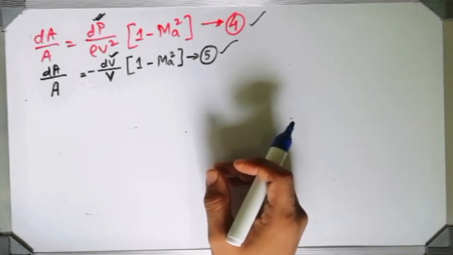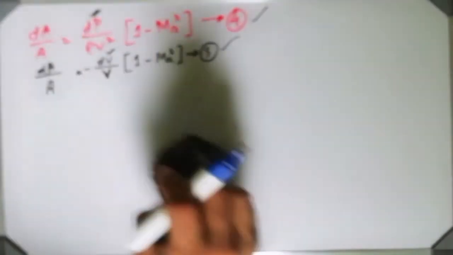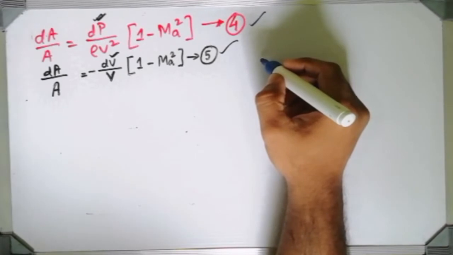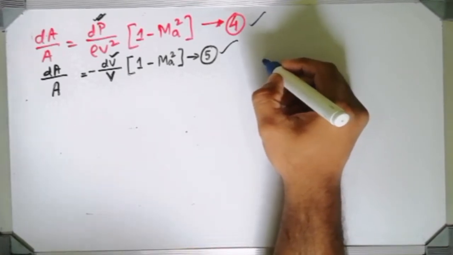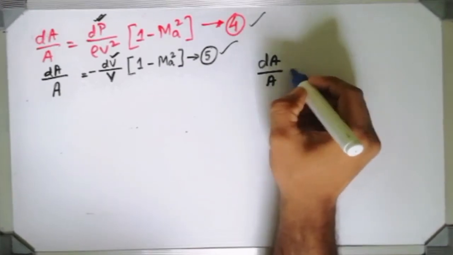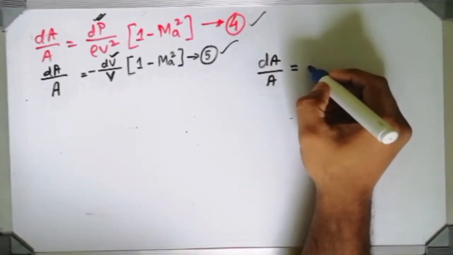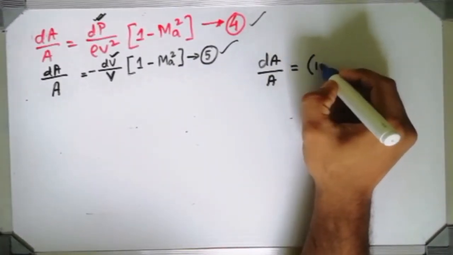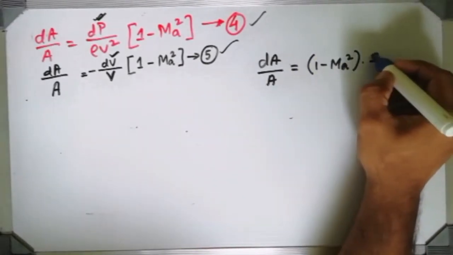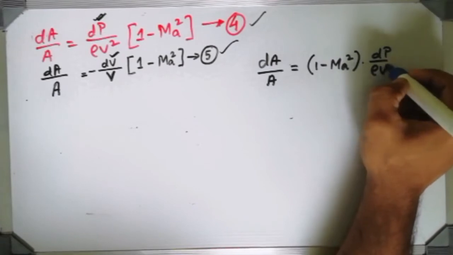Understood? So I should slightly modify these two equations and write them with a fresh look, keeping equation number 4 as it is, dA by A equals 1 minus Ma square into dp by rho v square, keeping equation number 4 as it is.